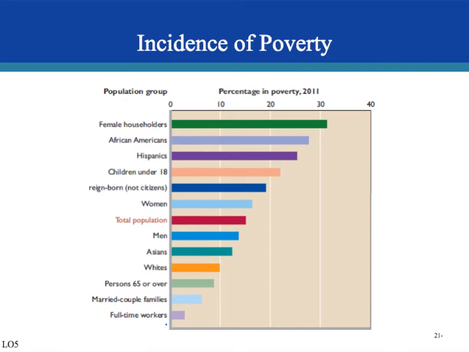The percentage of single females heading a household living in poverty was over 30%. African Americans was about 27%, and then followed by Hispanics, and then after that you have children. So it is alarming how many children are living in poverty, because usually what we see is poverty begets poverty, and it's very hard for them to grow up and make enough money to not be in poverty.